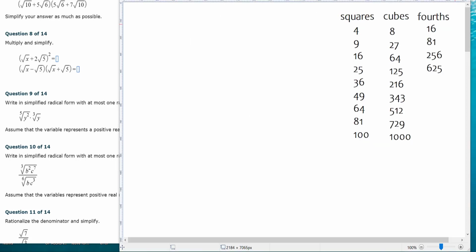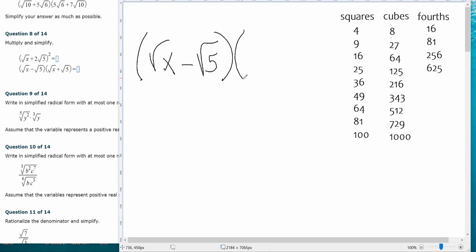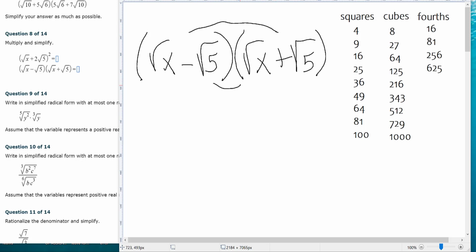Number 8, part 2. The square root of x minus the square root of 5 times the square root of x plus the square root of 5. These are conjugates, so what's going to happen is your outer and your inner are going to cancel out. But let's go ahead and do the full rule and you'll see.